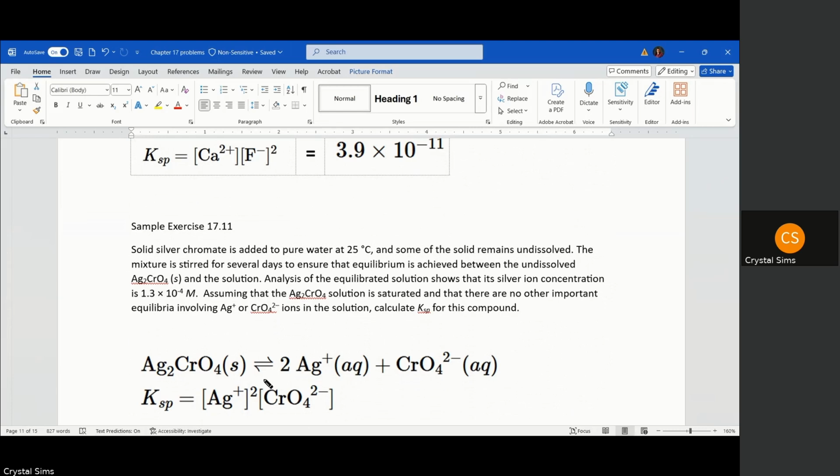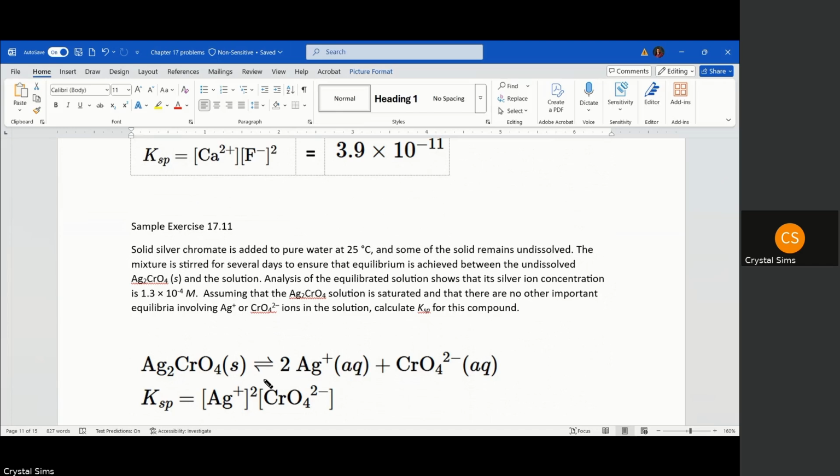To calculate KSP, we need the equilibrium concentrations of both the silver and the chromate ions. Now, from the problem, they told us that our silver ion concentration is 1.3 times 10 to the negative 4.